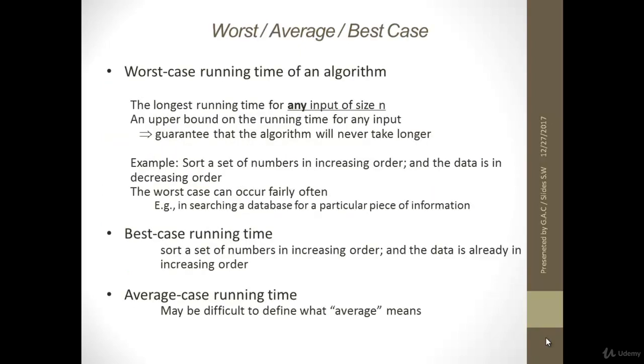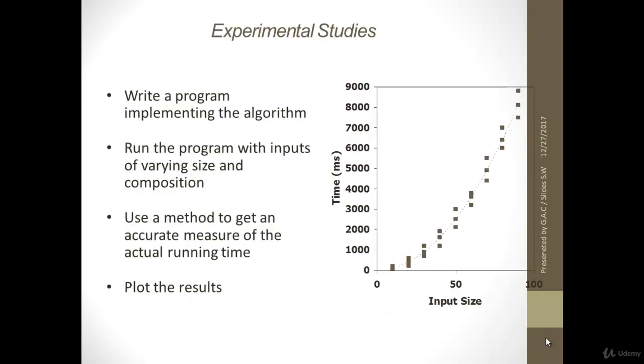The worst case running time of an algorithm is the longest running time for any input size, so it guarantees that the algorithm will never take longer than that. For the best case, sort a set of numbers in increasing order when the data is already sorted, job already done. That's the best case. Average case is in between.